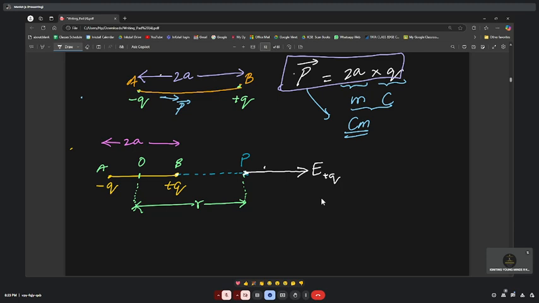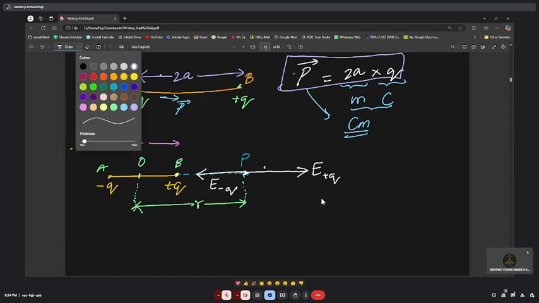Because like charges repel, and hence the electric field vector will point away from B. This is the electric field due to the positive charge. But what about the electric field due to the negative charge? Again imagine the test charge of plus 1 coulomb placed at P. Plus 1 coulomb and minus Q, opposite charges attract. Therefore, the electric field due to the negative charge will act towards the left. So E minus Q will act like this. Is that clear? Like this, you try to understand the direction of the electric fields due to both the charges.